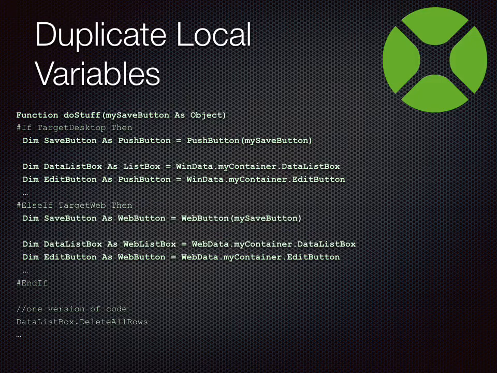If we were passed the button, we pass it as an object. Above we have the desktop code, below we have the web code. In both, we define exactly the same names of variables. And that way our code underneath this definition of what the objects are is exactly the same.